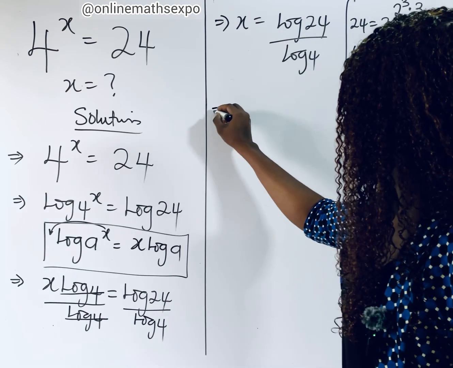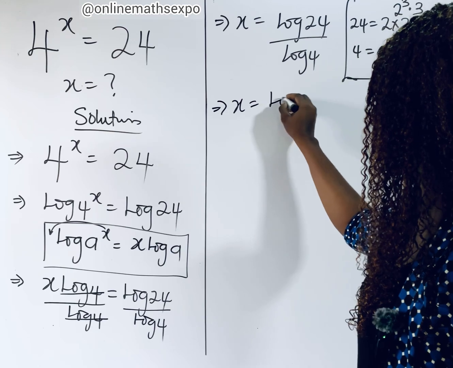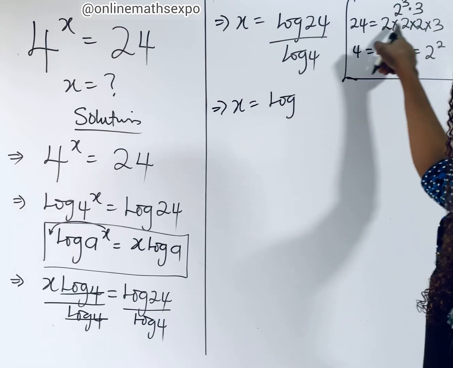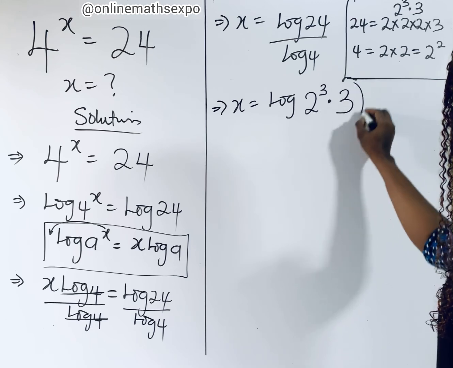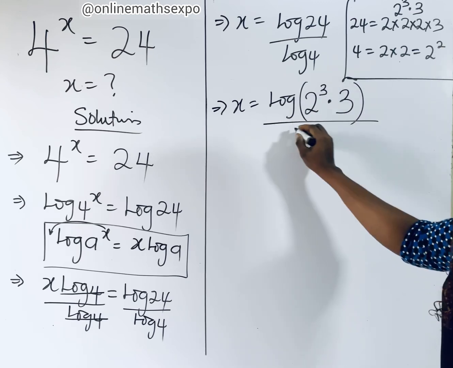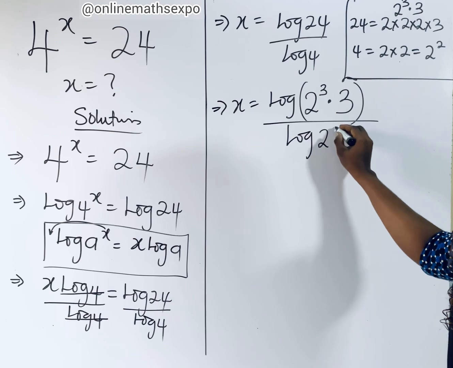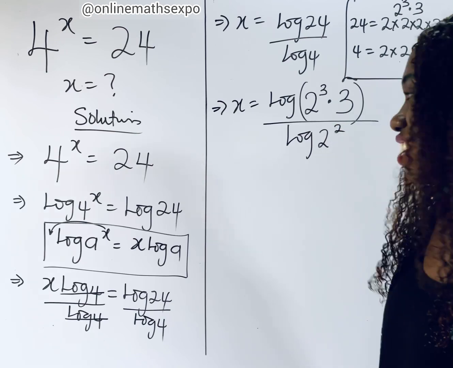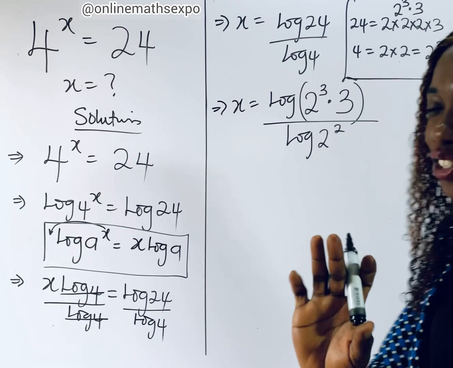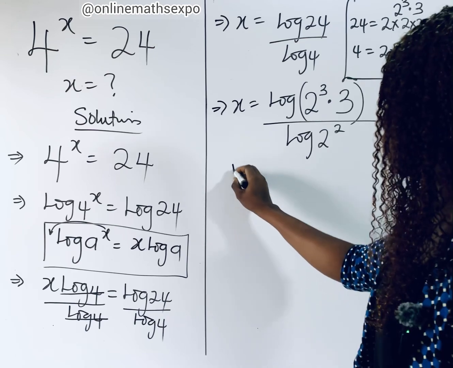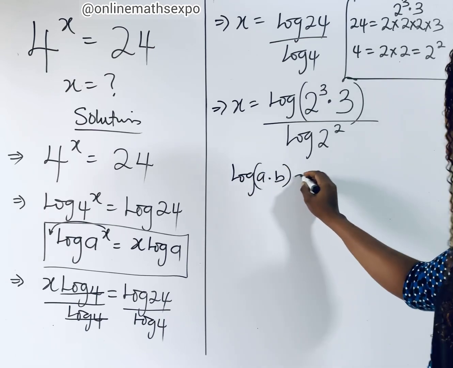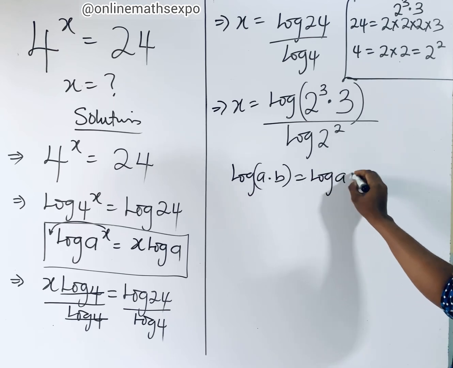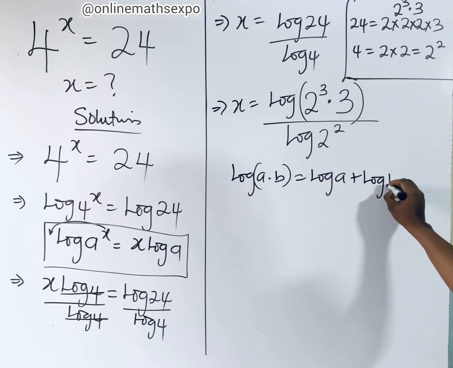So this is going to be our guide. Applying it here, we have x is equal to log of 2 to the power of 3 multiplied by 3, divided by log of 2 to the power of 2. Interesting. Now what do we do next? You just need to remember, for every log of a multiplied by b, it is the same as log of a plus log of b, okay?